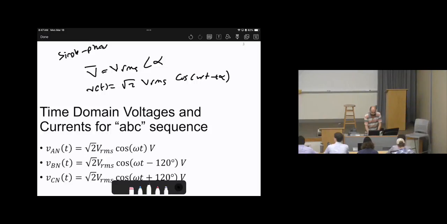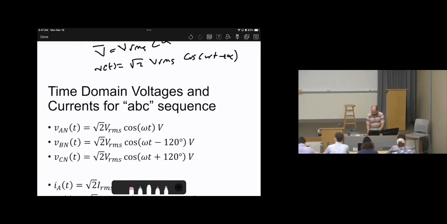In three phase, the same way. So VAN cosine omega t, but there is no plus alpha because we assume the angle of VAN is 0, because VAN bar equals V RMS angle 0. So we say cosine omega t plus 0.